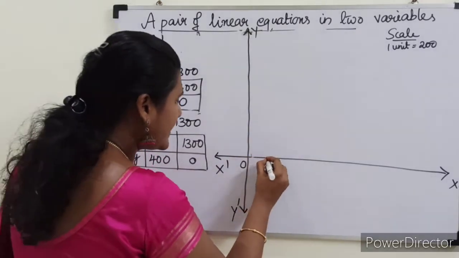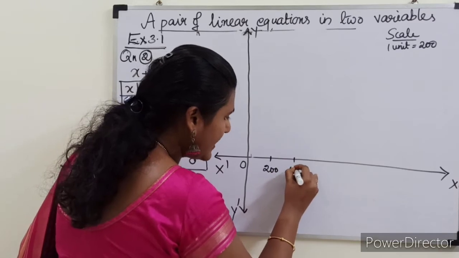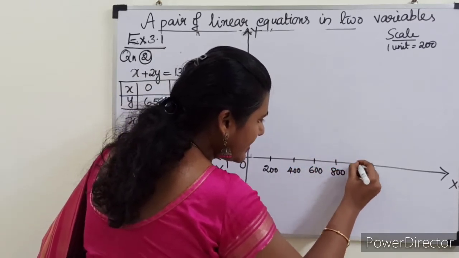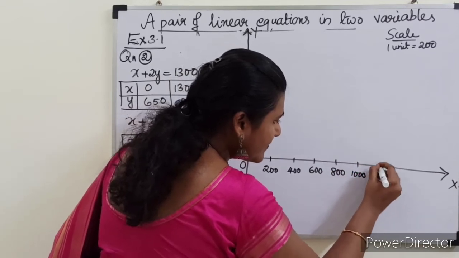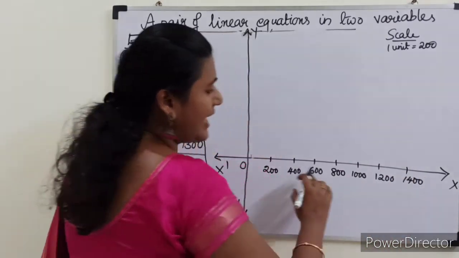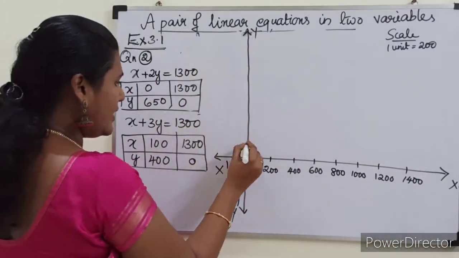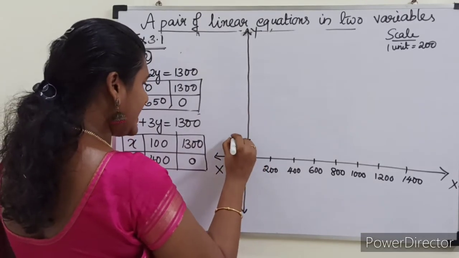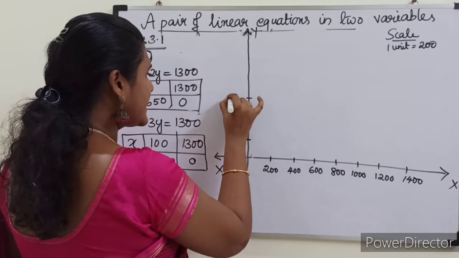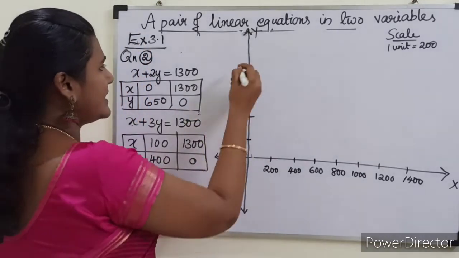So here we mark 200, then the second unit is 400, 600, 800, 1000, 1200, 1400. So here we have taken 1 unit as 200. In the same way on the y axis also, that is 200, 400, 600, 800. That is enough.